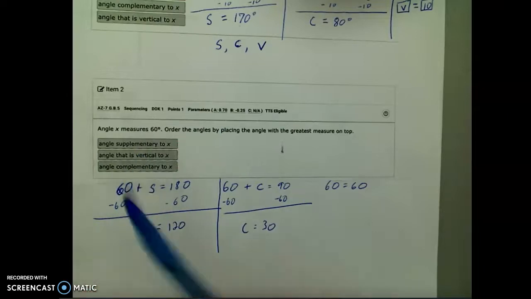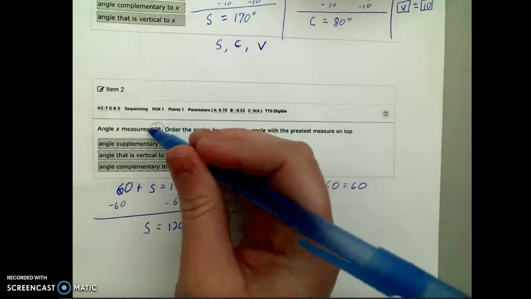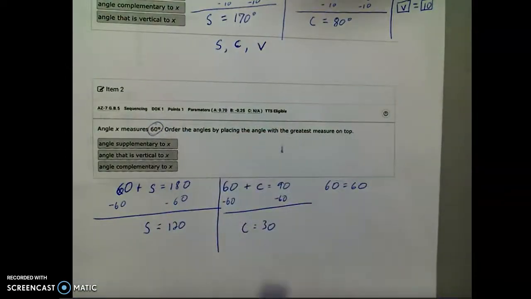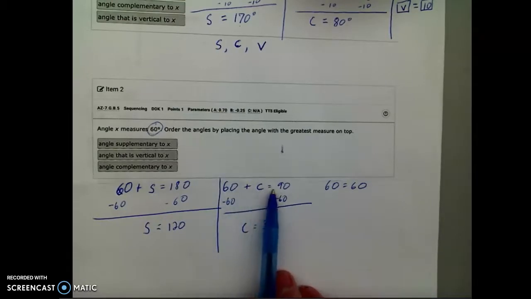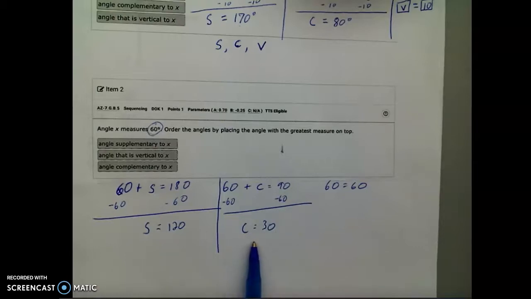So again, we had to solve for the supplementary, the complementary, and the vertical angles. This time, we knew that one of the angles was always 60 degrees. So for my supplementary angle, I said 60 plus S is equal to 180. And then I solved. My supplementary angle is 120. For my complementary angle, I knew that 60 plus something needs to equal 90. I solved that and got my complementary angle is 30 degrees.